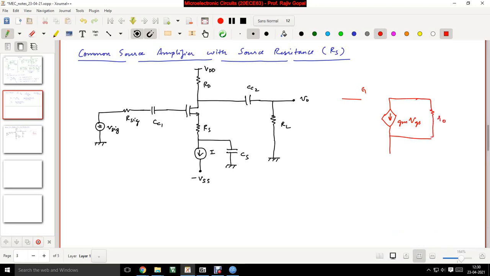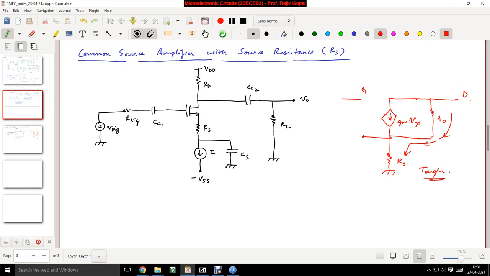This will be RS. This is D. It becomes like this. So solving this part will become tough. It is a tough circuit to analyze.